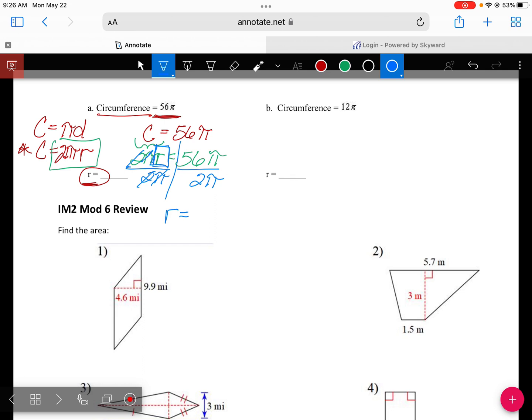R is equal to 56 divided by 2, which is going to be 28. I don't know why I always have trouble with that. So my radius is 28. Since it's a length, I could write units, but it's linear because it's the distance from the center of the circle out to the edge.